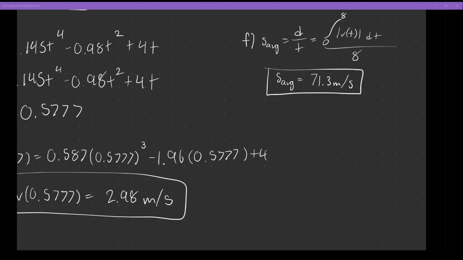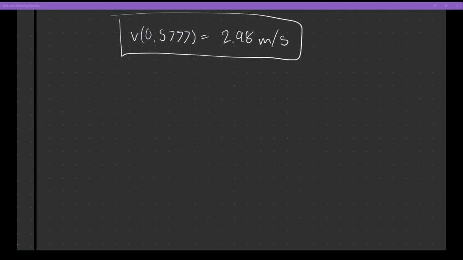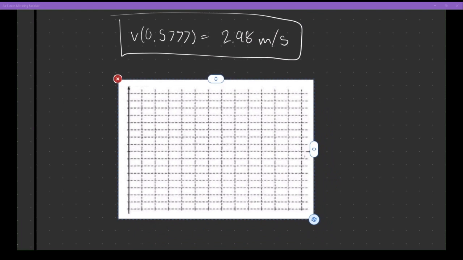Alright, the last part, part G, just has us graph the velocity graph. I'm going to say this right here is my t in seconds. This is my v in meters per second. And this is 0.